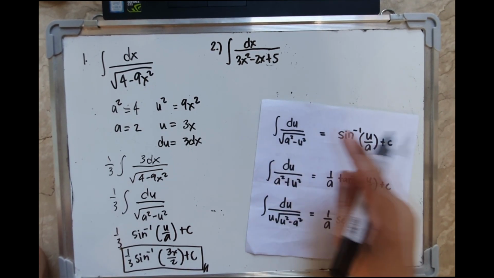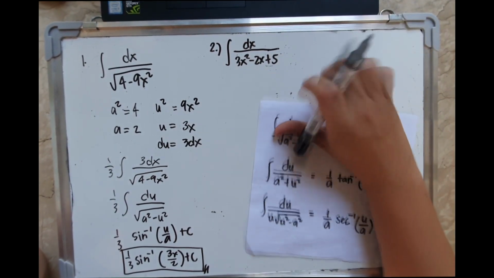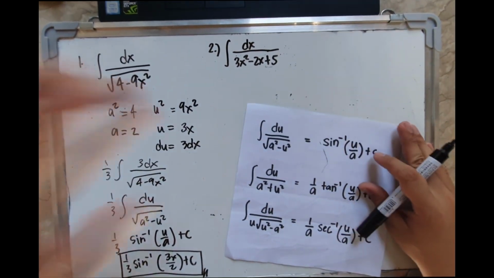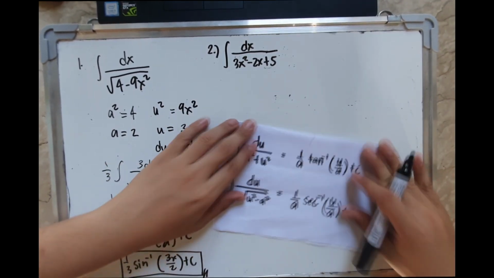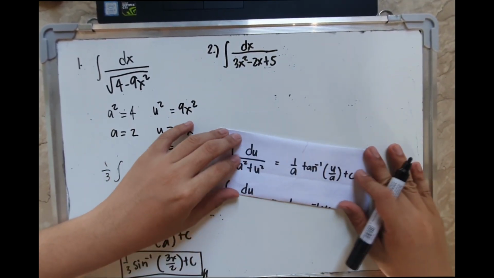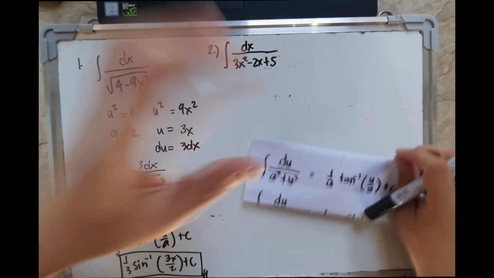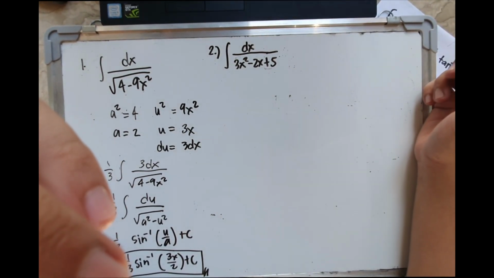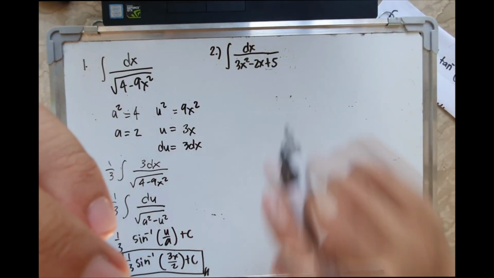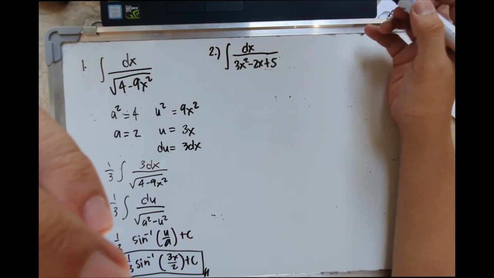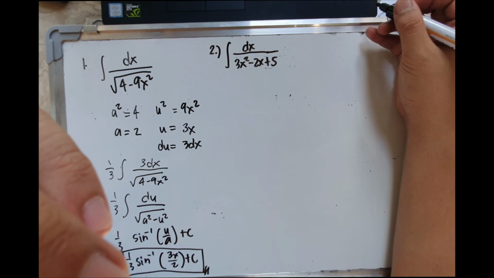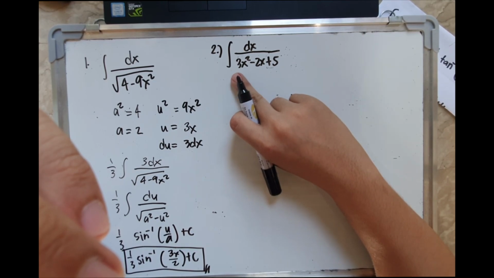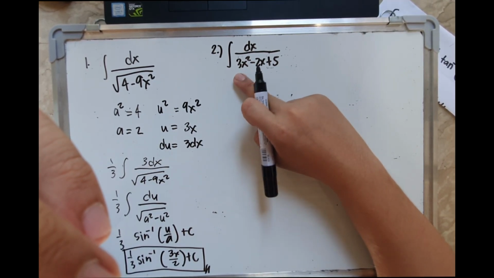Notice there's no square root, so we will not focus on sine. There's no square root, so we will also not focus on secant. We will focus our attention on tangent. So notice we could do some algebra to this one if we recall completing the square. But this time in completing the square, we have to make sure that the coefficient of x squared should be 1.